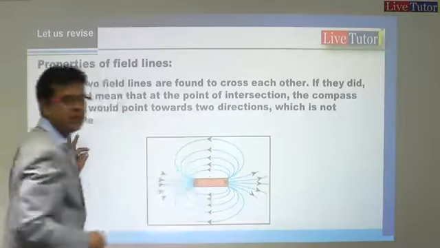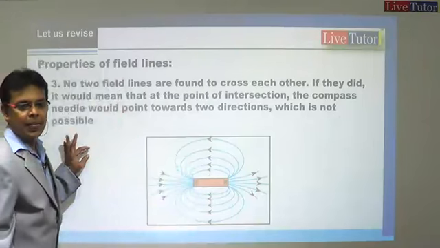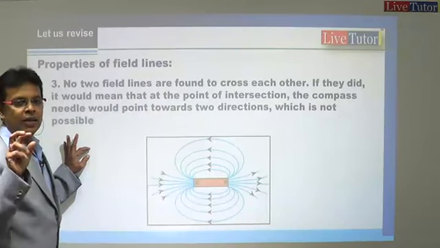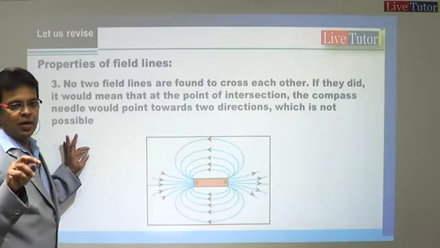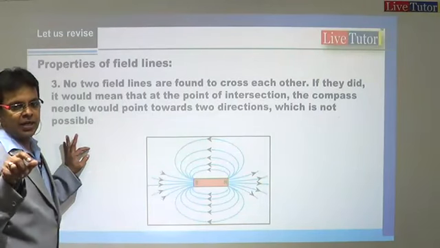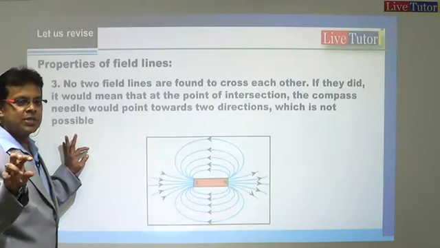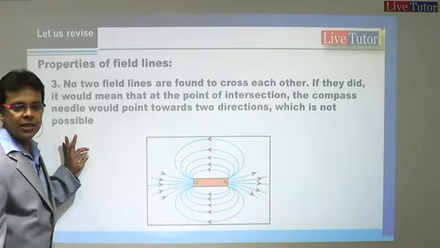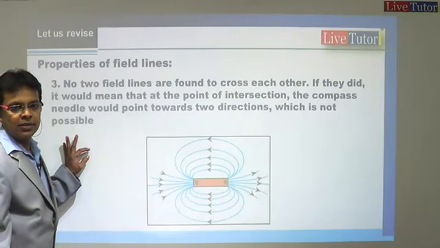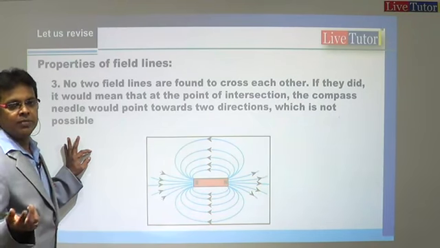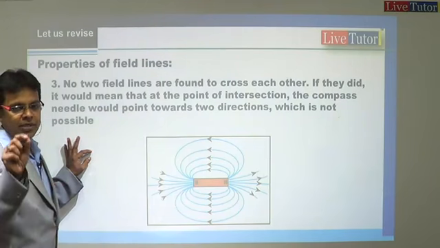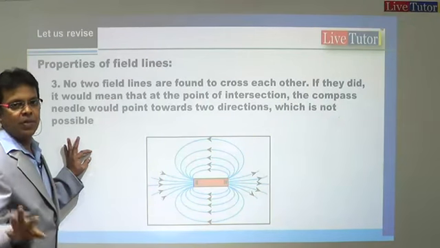Imagine that they are intersecting, right? At that point, if you keep the compass needle, what will happen? The compass needle should show 2 directions of the 2 lines which are intersecting. But is it possible for one compass needle to show 2 directions? No, it's not practically possible. Since there is only one magnetic compass needle, which is not possible.